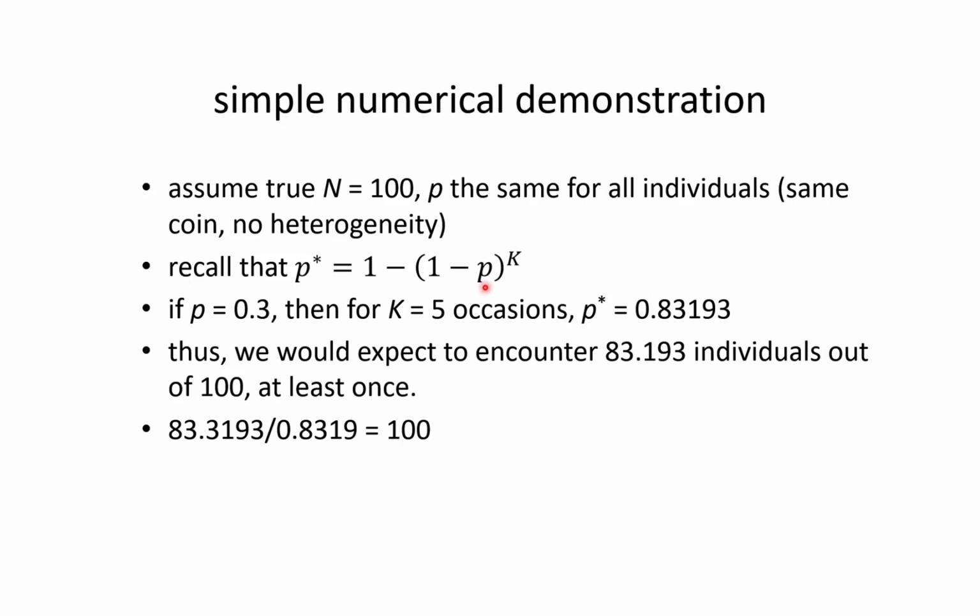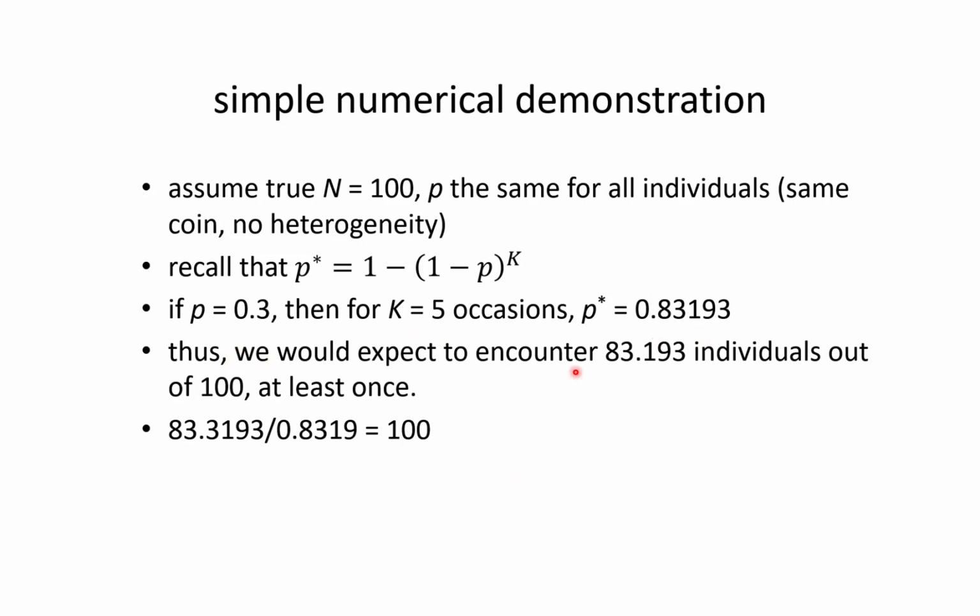And remember, the estimate of abundance is the count divided by P star. So if P is 0.3 and K was 5 occasions, then P star is 0.83193, meaning the probability of being encountered at least once, given 5 sampling occasions, is about 83%.